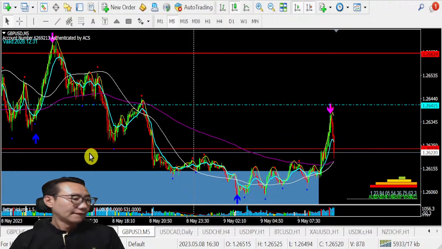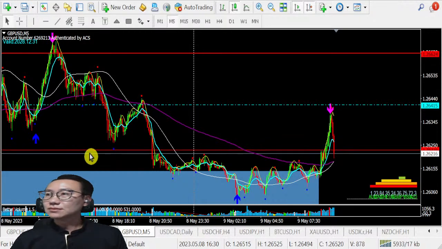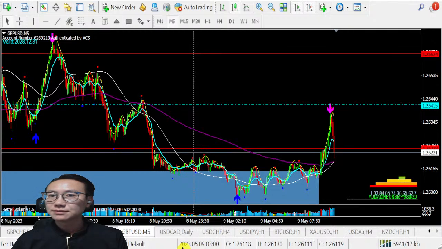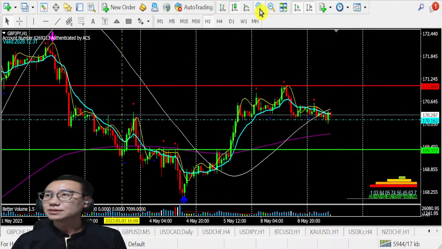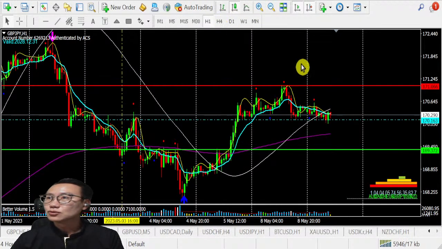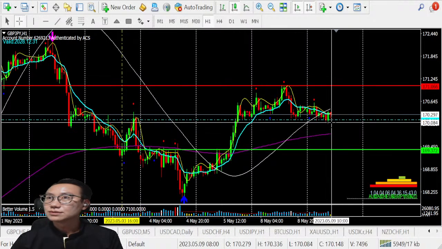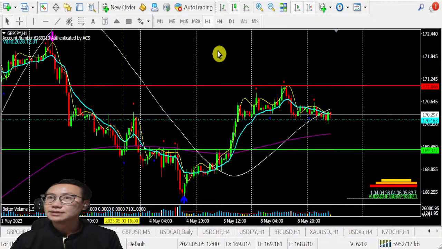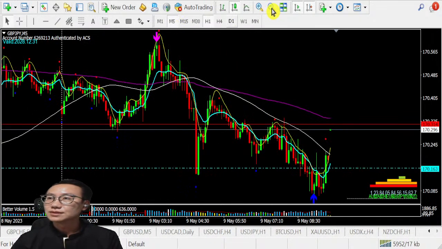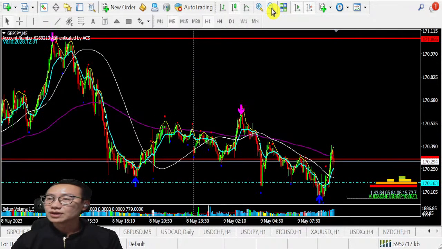Well, once again, pound yen. All right, pound yen as well. Let's take a look at pound yen. Over at this point here, it looks like in the last hour it tested into this area here. Let's take a look at M5 over here.